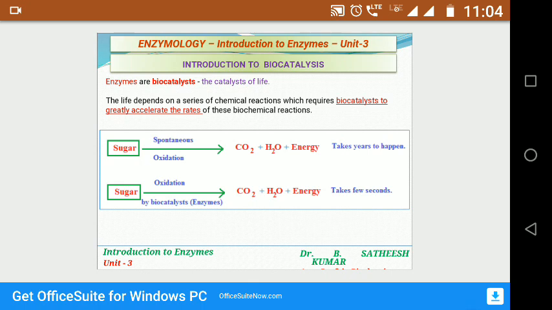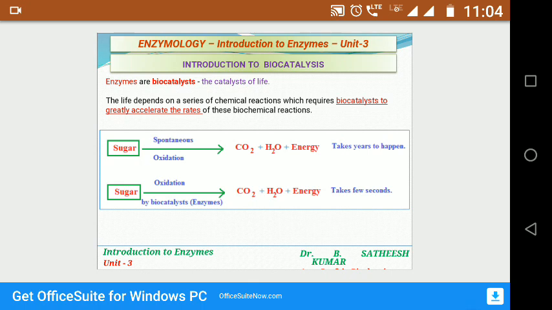Suppose if you don't have any enzymes in the biological system, then what happens? We have an example already explained. I explained in the previous class.